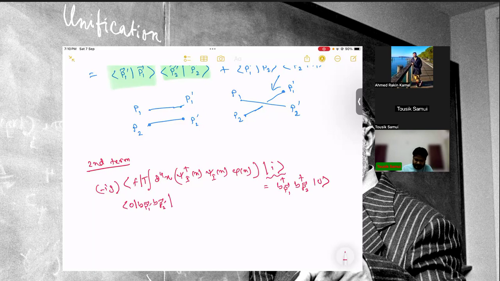So this we have for this particular initial and final states.